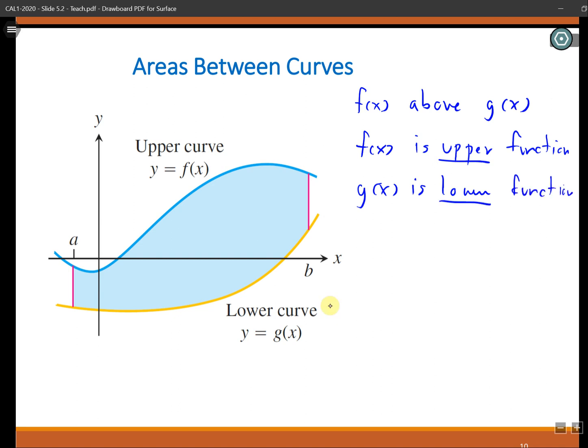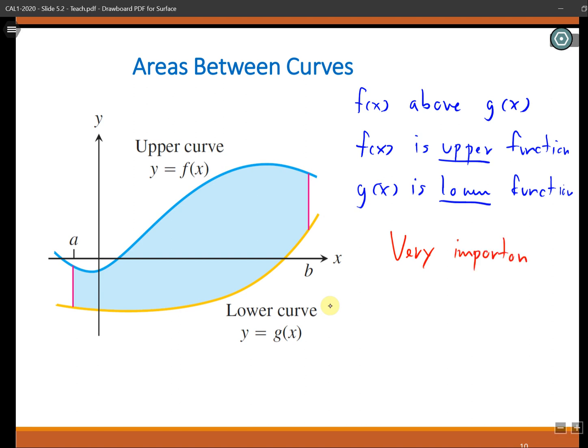This is very important, because if you pick this order wrong, in the end, you might get a result that has the wrong sign. All right, plus and minus sign, very important.